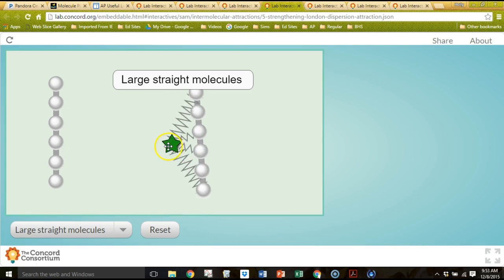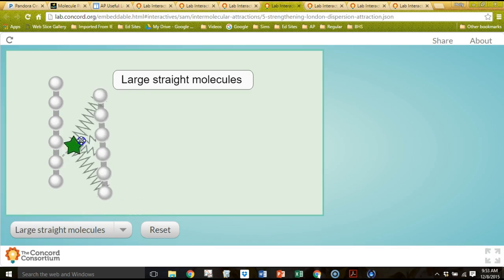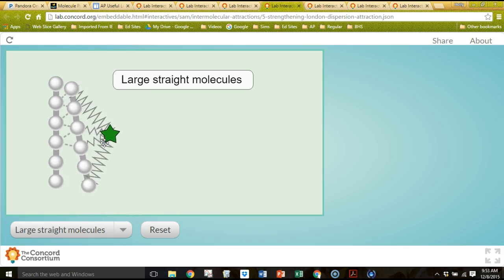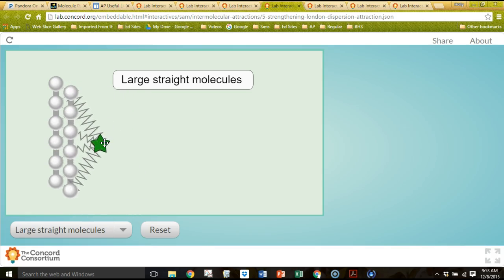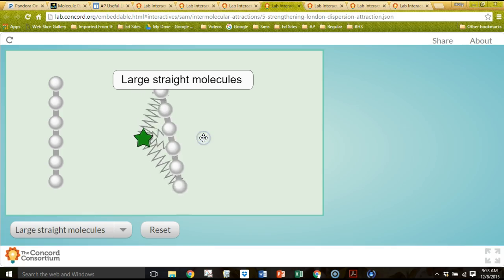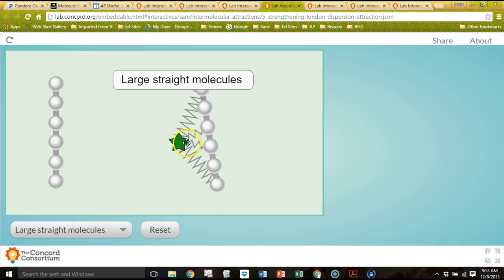Also in larger molecules, we tend to find more electrons, and the more electrons mean that they're more polarizable. We can see a larger shift in temporary polarity, right? So if all the electrons end up on one side of the molecule versus the other, that can be a much stronger temporary dipole than when there are fewer electrons.